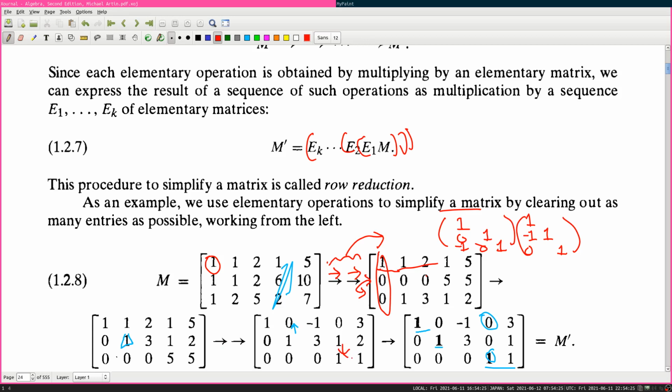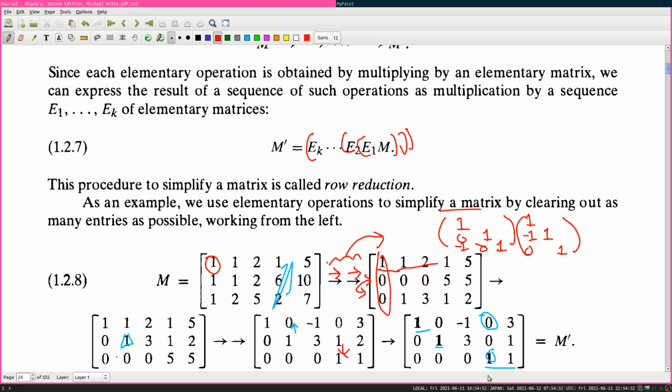What is... There's something I'm not seeing. Anyway, eliminate above, and then multiply this bottom equation by 1/5. That's what the two operations are. Then use this pivot down here to eliminate above.